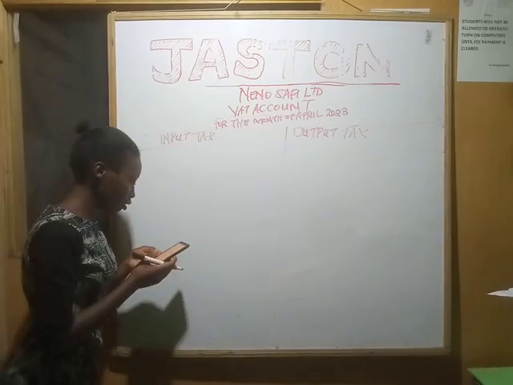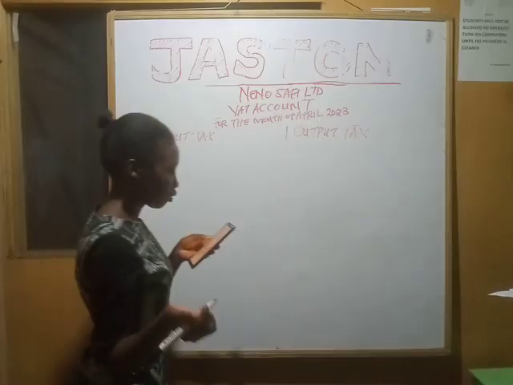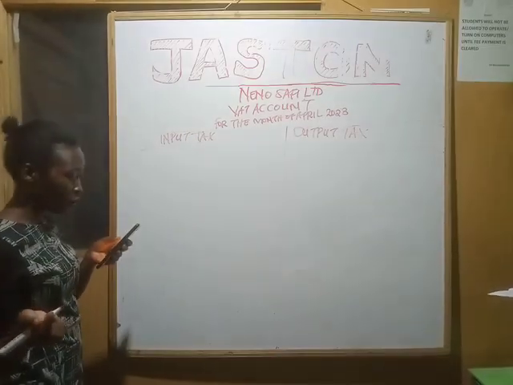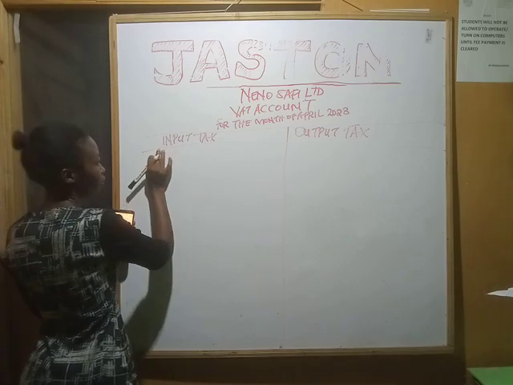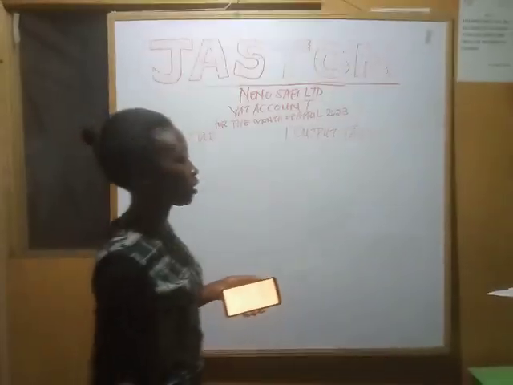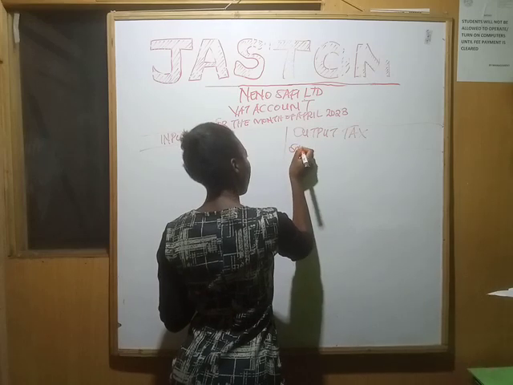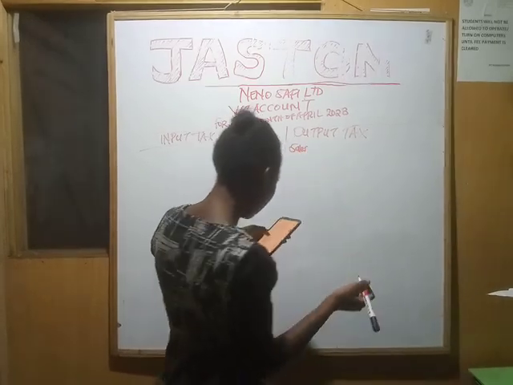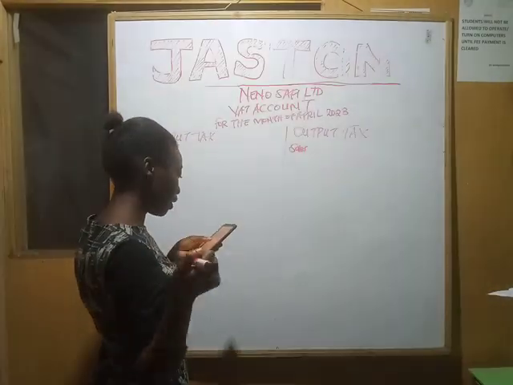We start with the question. On April 1st, he sold goods on credit to Fancy Traders for 500,000. We have sales. Sales is an output tax. Now we are going to write it on this side. We are told the transactions are inclusive of VAT.